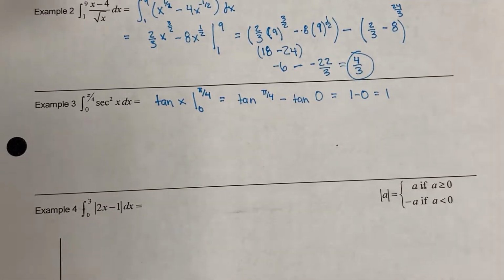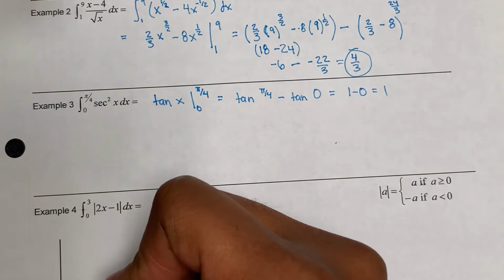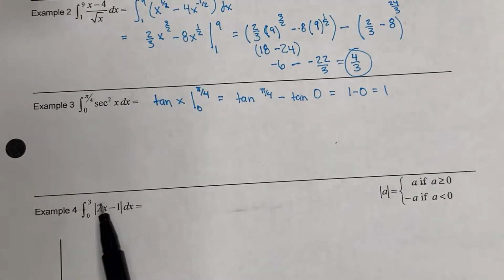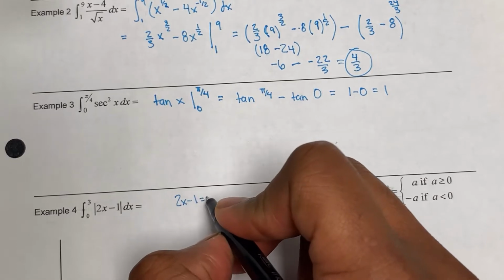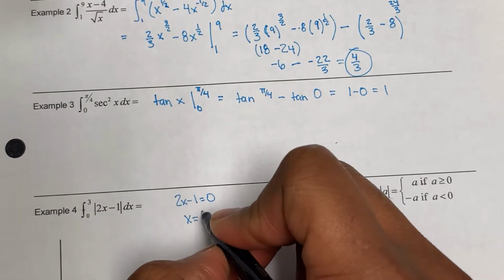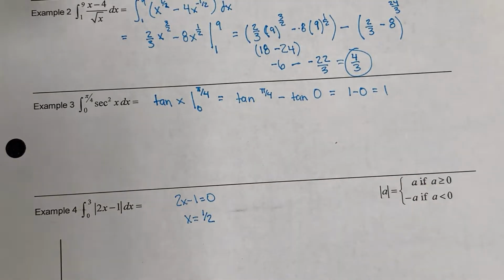For the fourth example, we have the absolute value of 2x minus 1 dx. And for absolute value integrals, you need to check if the vertex for the absolute value function is inside the interval. If we did a quick check on this, 2x minus 1 equals 0, we end up with x equals a half.